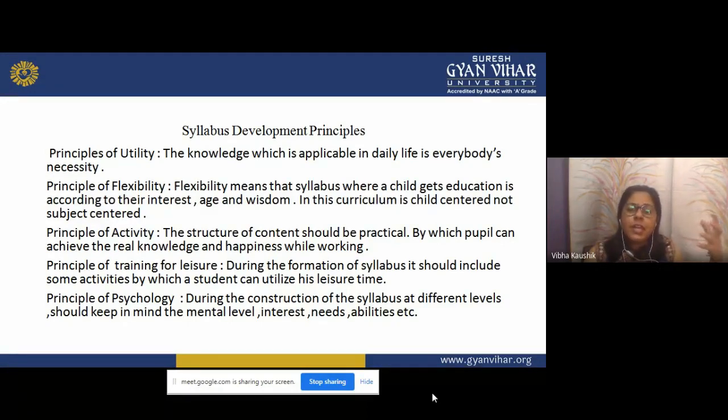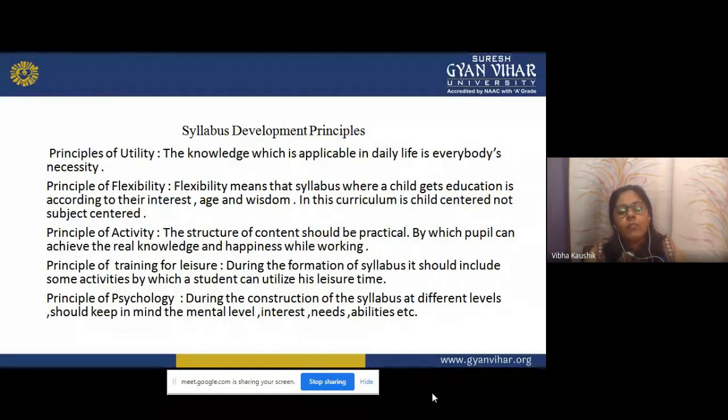We should create the syllabus in such a way that practical knowledge is attained by the student, and that will be attained only through learning by doing. That's why they say that by principle of activity they mean that people achieve real knowledge while working, and it should not focus on theory.